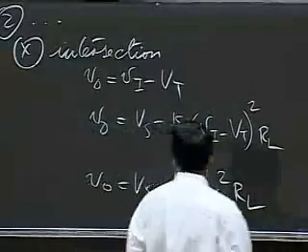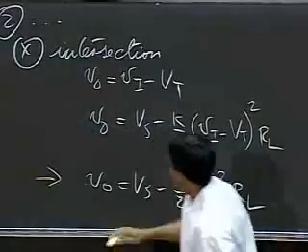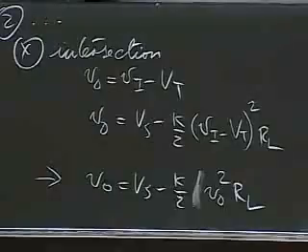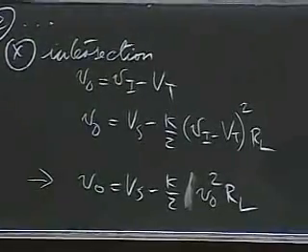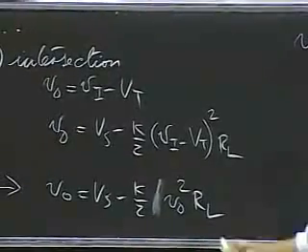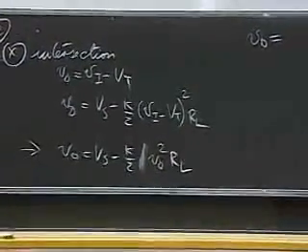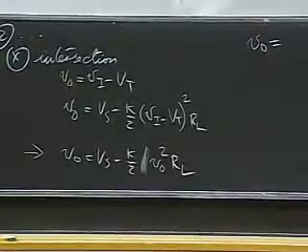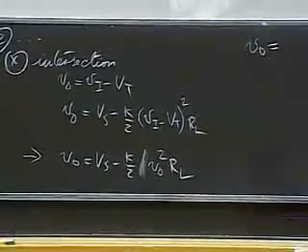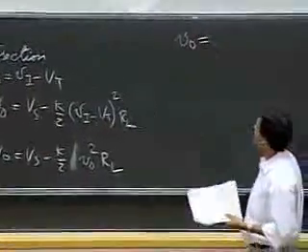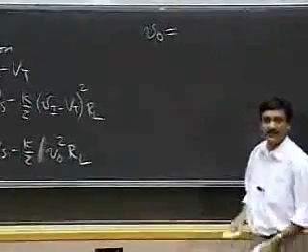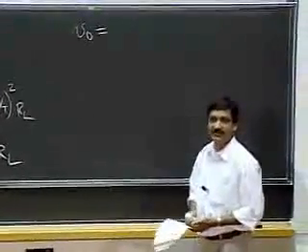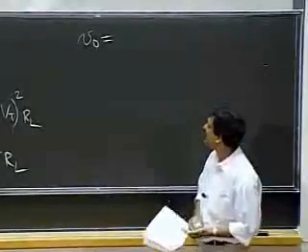Okay, and so this gives me a quadratic in V naught, and I can solve for it pretty easily. And I get for a quadratic ax squared plus bx plus c equals 0, the solution is given by V naught is minus b plus or minus square root of b squared minus 4ac divided by 2a.